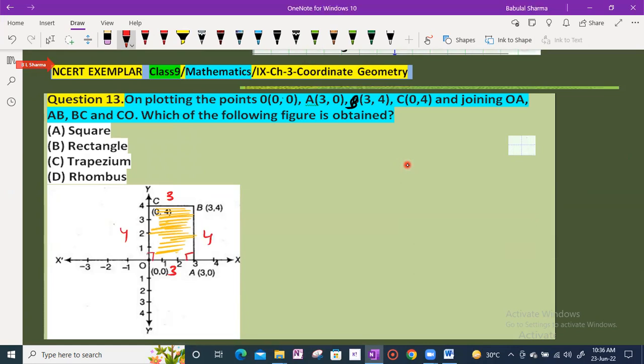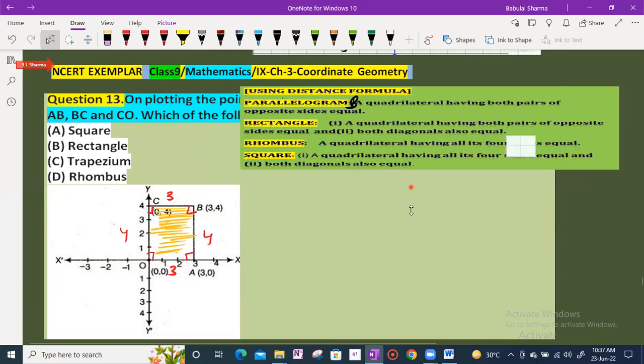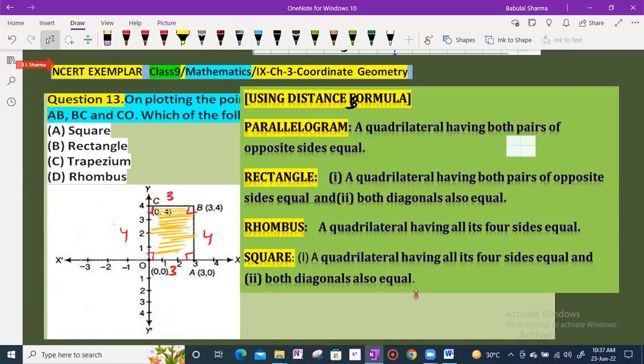This angle is 90 degrees, this is 90 degrees, this is 90 degrees, and this is 90 degrees. आप यहाँ पे देख रहे हैं कि OA और CB दोनों अपोजिट साइड हैं, दोनों की लेंथ सेम है। सिमिलरली OC और AB, दोनों की लेंथ 4 यूनिट है। मतलब अपोजिट साइड्स of this quadrilateral are the same and each angle is 90 degrees. कोई quadrilateral जिसमें अपोजिट साइड्स सेम हों और each angle 90 डिग्री हो, तो देखिए क्या होता है.